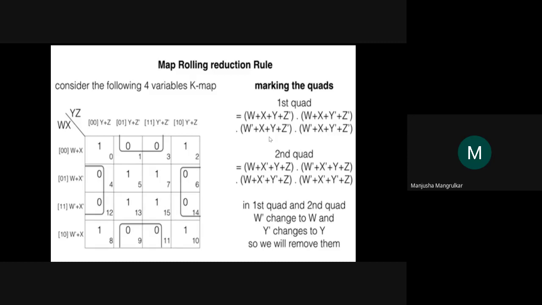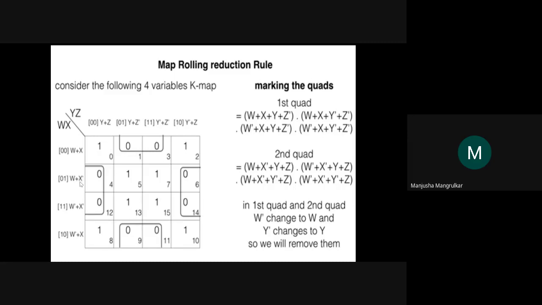How much reduction we can do by using KMAP, and it is the very easiest method. We need not remember all the Boolean rules, right? Now here we are considering the terms 4, 12, 6, and 14, right? Now here W plus X complement, W complement plus X complement, it is a change of W only, W to W complement.